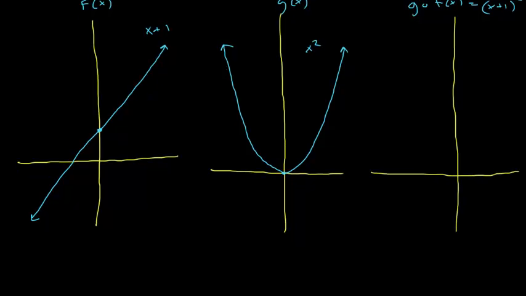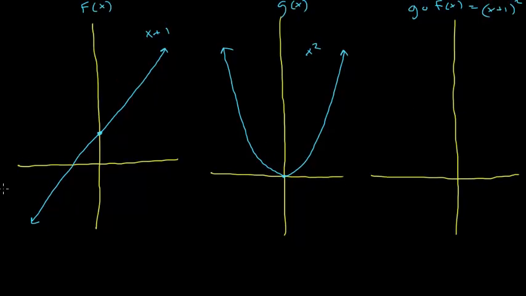We'll just do a couple points and get a general idea. First, let's look at the point x equals 1. We want to know what g composed with f of 1 is. Well, first of all, you want to take g of f of 1. Now f of 1, when x equals 1, f of x equals 2.